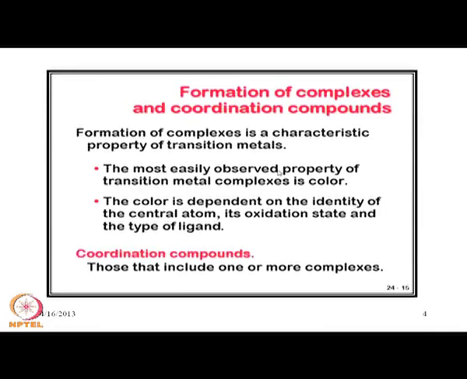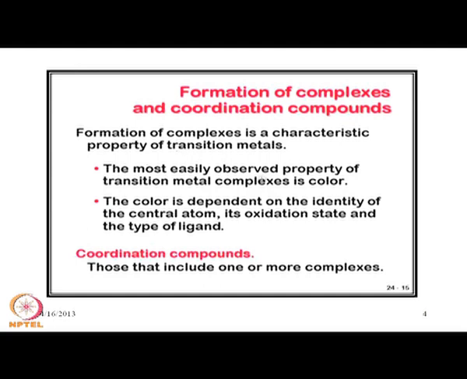So, once we have all these examples, we have seen that we can have the formation of complexes and coordination compounds. So, we have the transition metals, the transition metal ions are present, and during the interaction with these ligands, the formation of complexes is therefore a characteristic property of the transition metals.